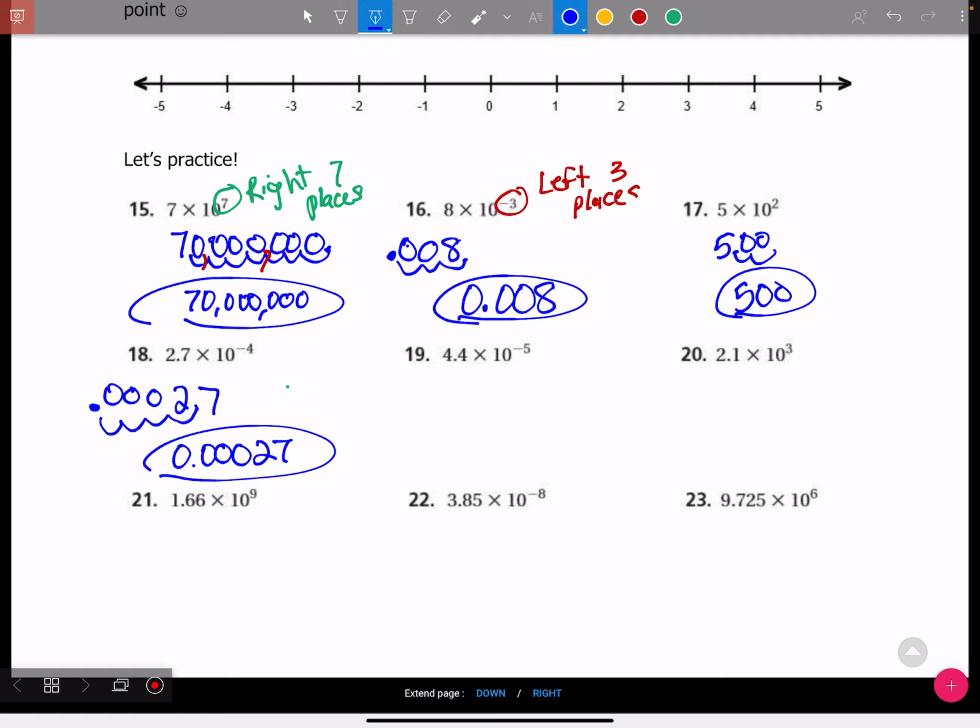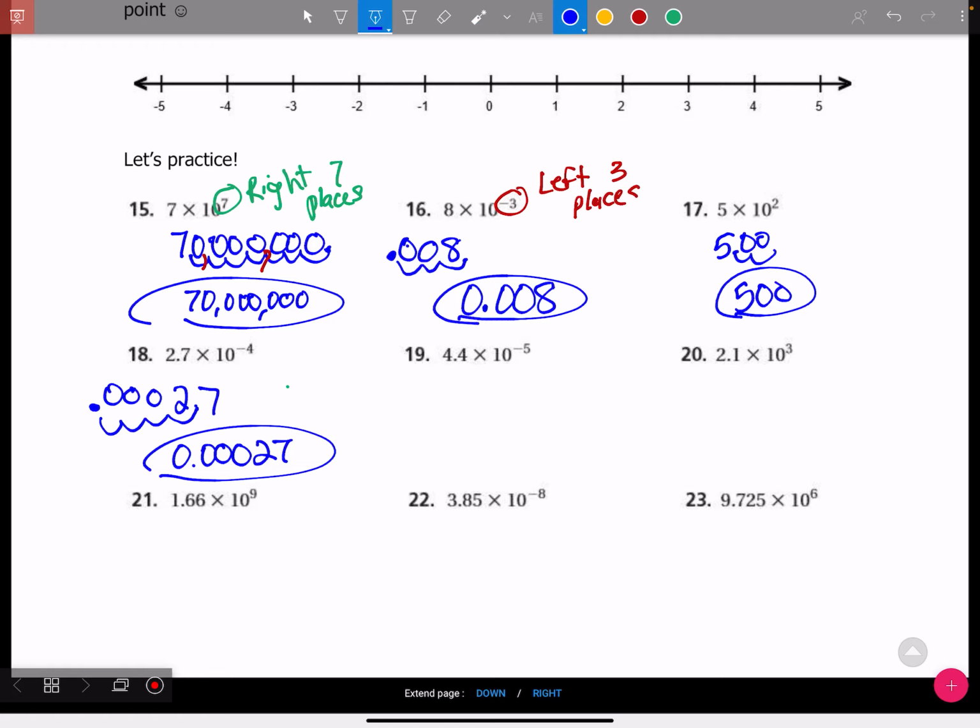Also, the other piece is, especially when dealing with the positive exponents, you can't use the exponent to determine how many zeros there are going to be. In the case of number 15 here, you can see that the exponent was 7 and there were 7 zeros. You can see here the exponent was 2 and there were 2 zeros, but that will not always be the case.